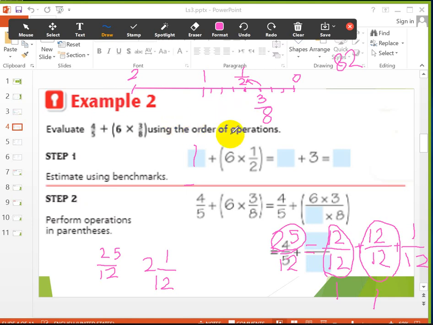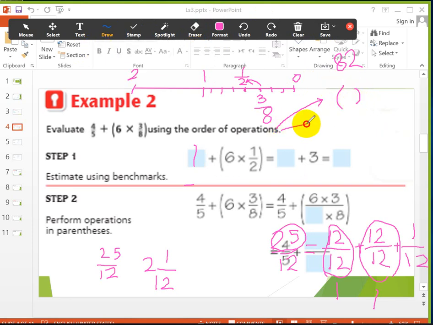So the order of operations, you know that when we want to do the operations, there is a priority here. First thing, I have to start with parentheses, right? First thing, I will do the numbers between parentheses.